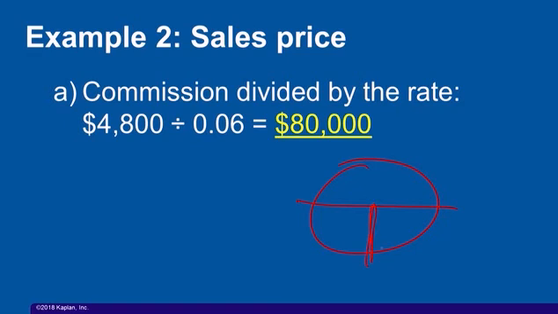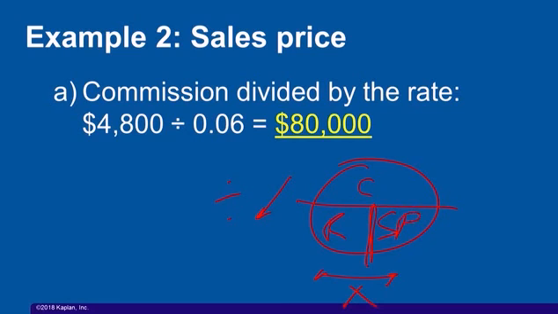When you cross this line, we divide. When we cross this line, we multiply. All right? We know that the commission, the product of a multiplication, goes on top. So there's my commission. We know that to calculate that commission, we have to take the commission rate times the selling price.